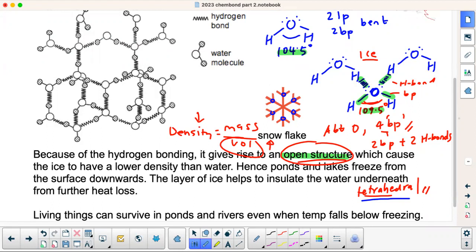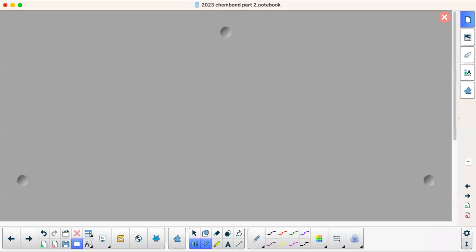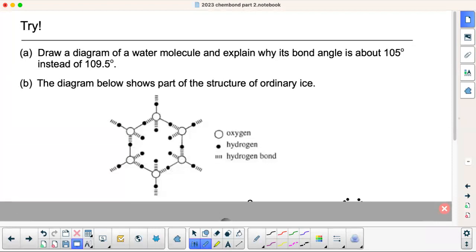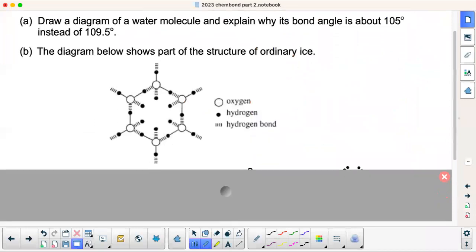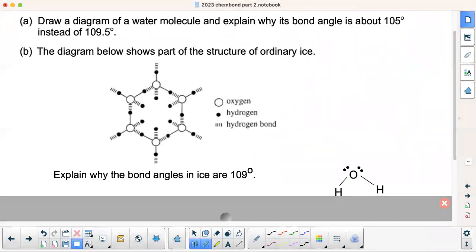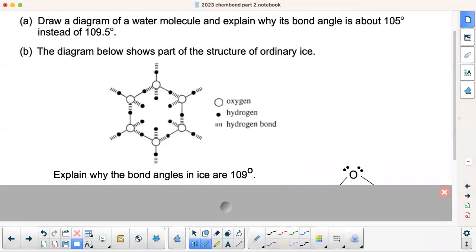You have to write the names. So 105 technically is 2 bond pairs, 2 lone pairs, right?